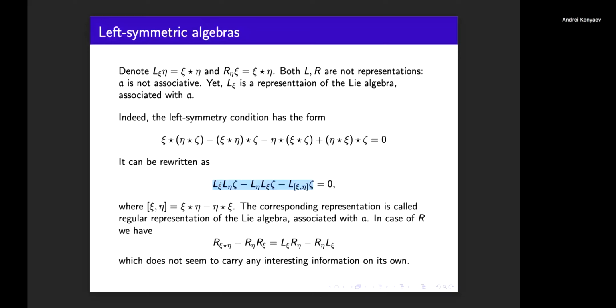the structure of a Lie algebra. But if we want to write something for the right action, like the family of operators for a left symmetric algebra acting on the right, we'll see that in algebraic form there is not much to write. If we try to rewrite this formula, we get something like this.